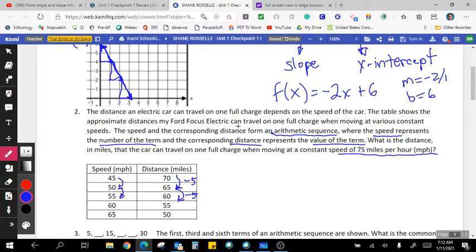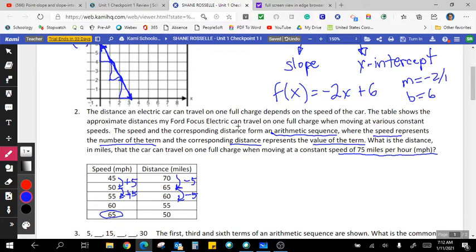Then on the right hand side it says speed in miles per hour. This is an increase of plus 5.